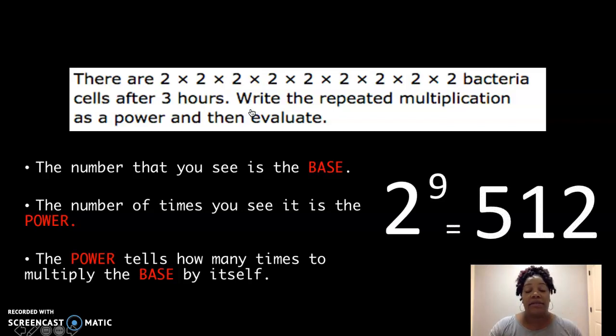So the key thing to remember when we're doing exponents is that we do not multiply the base times the power. So we do not multiply 2 times 9, but we write 2 down 9 times and multiply 2 times 2 times 2 and so forth and so on. All right, let's keep moving.